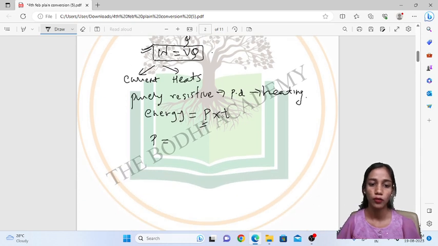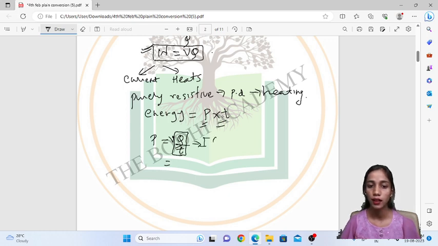Now, if we have to consider the work done in time t, then we will divide Q by t. So we have studied that Q upon t is equal to what?